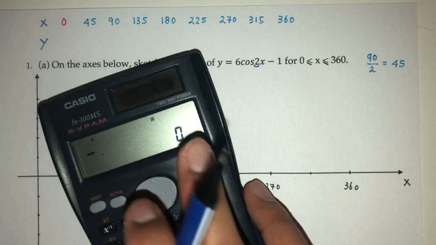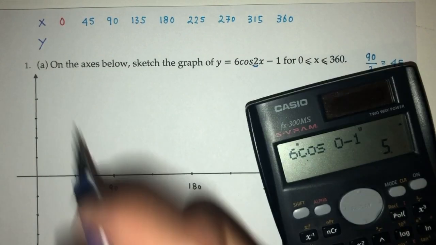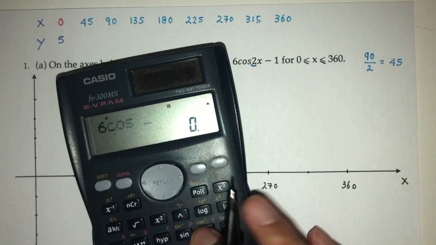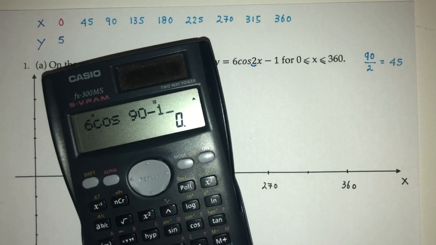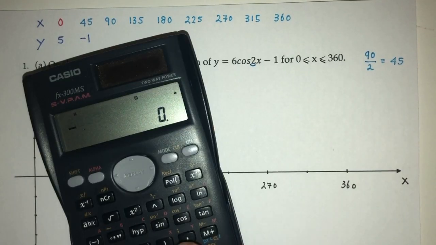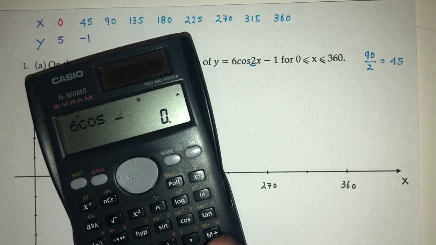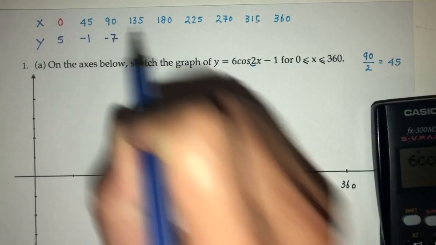First, we have 6 cos 2x with 0 here, minus 1. That will be 5 for the first value. Then 6 cos 2x, where x is 45, times 2 is 90, minus 1, that should be minus 1. Again, 6 cos 2x will be 180, minus 1, that should be minus 7.